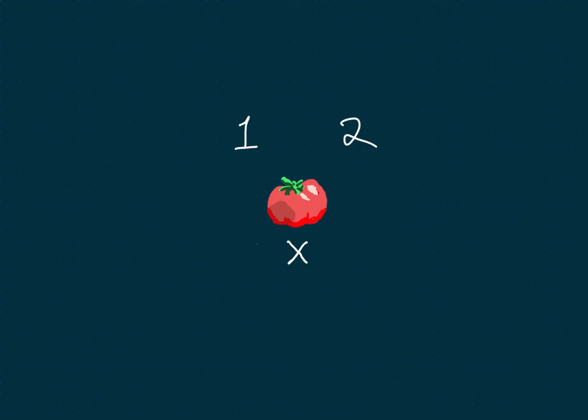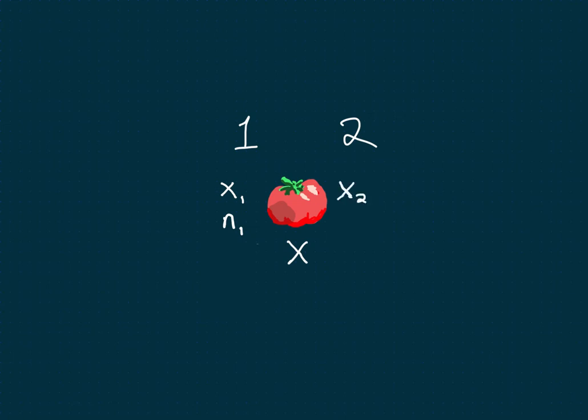To answer this question, our grocery manager will take a sample from each supplier. And the number of tomatoes in the sample from supplier number 1 that are rotten will be X sub 1, and the number in the sample taken will be N sub 1.